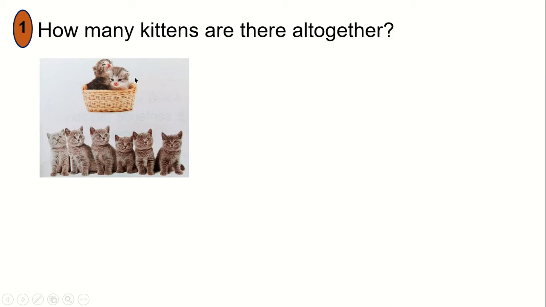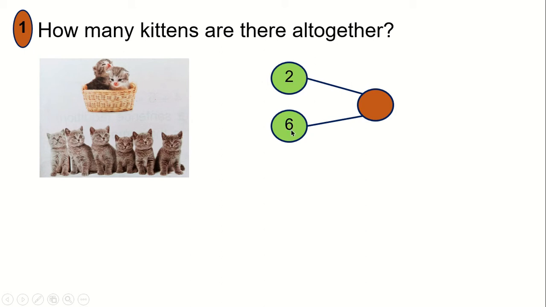Look, we are having 2 kittens in the basket and we are having 6 kittens which are not in the basket. So, using number bonds, we can say that we have got 2 and here we have got 6. 2 and 6 makes 8. So we say that 2 and 6 make 8.